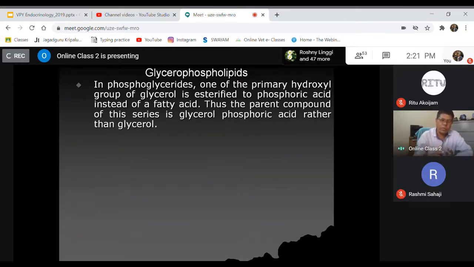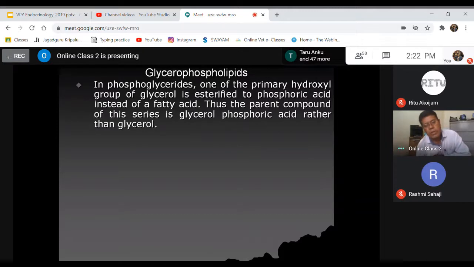The OH groups attached to the first and second carbon have the fatty acids linked, but the OH group attached to the third carbon is esterified with phosphoric acid instead of the fatty acid. Thus the parent compound of this series is glycerol phosphoric acid rather than glycerol.